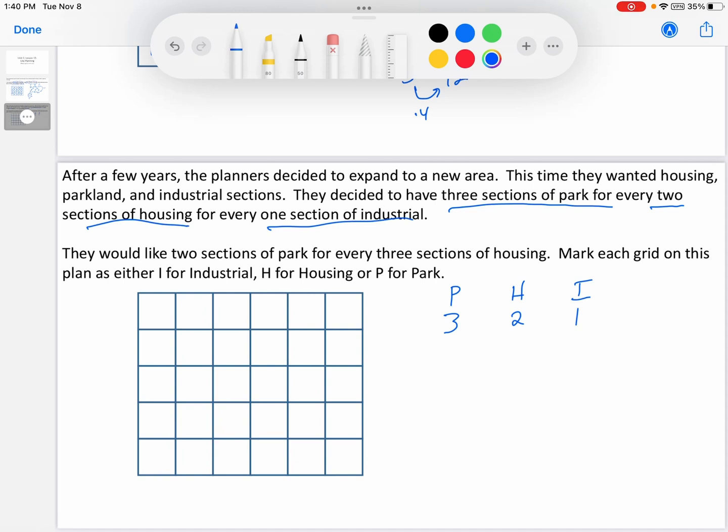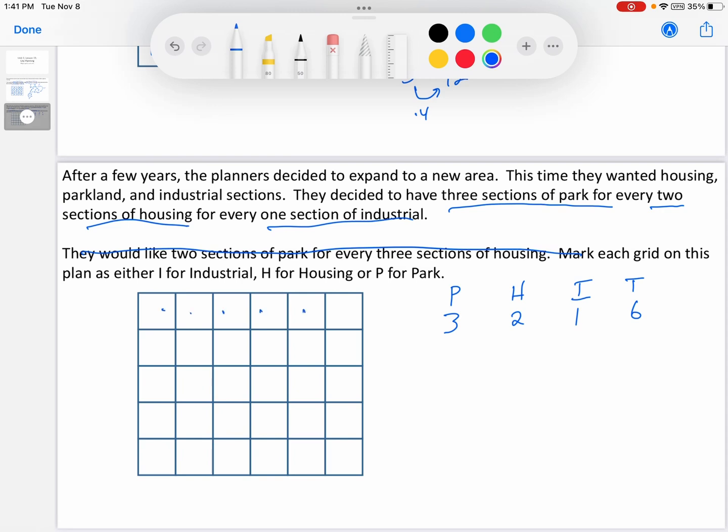Okay. So now that's more housing, more parkland than we had before. So let's find the total. 3 and 2 is 5, and 1 more makes 6. Okay? So we want to fill up this section of P's, H's, and I's. How many grids do we have to fill up? What's our total of this?